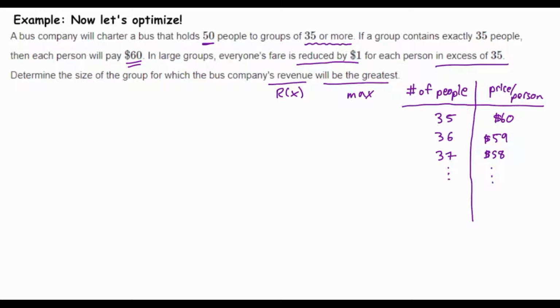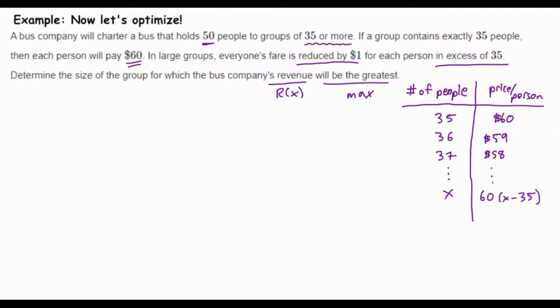And we can express that in a general formula where we have number of people is X, and the price per person is $60 minus X minus 35. So that represents the increase in number of people from here.